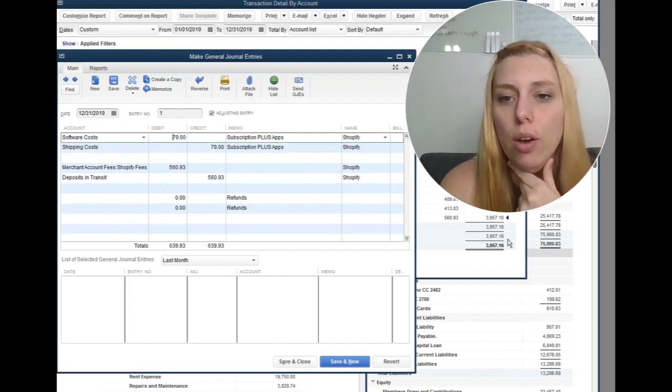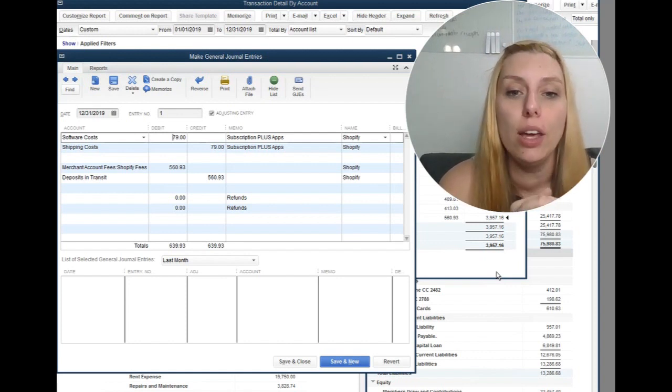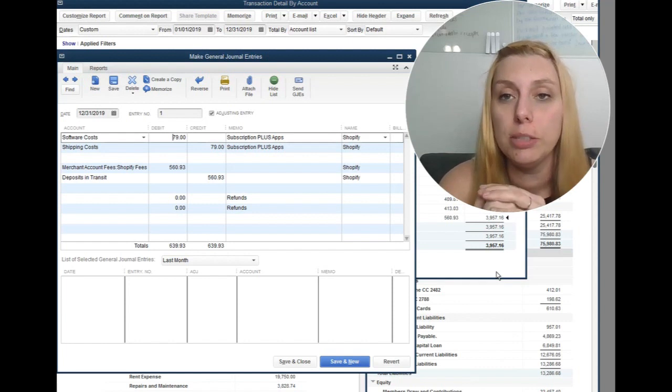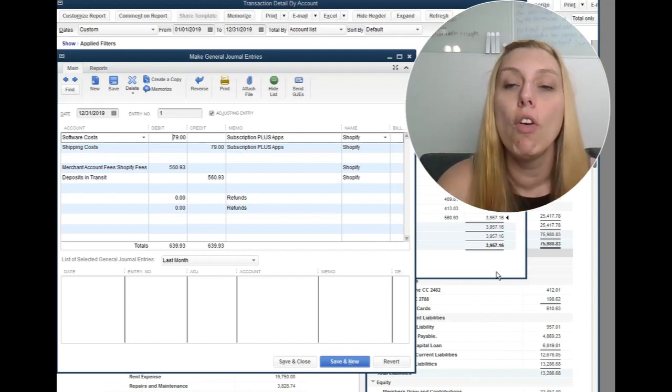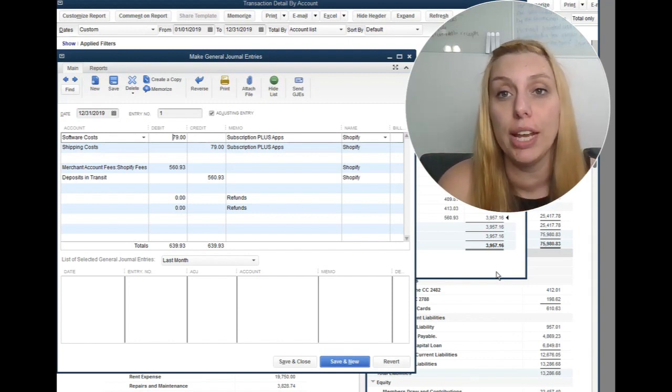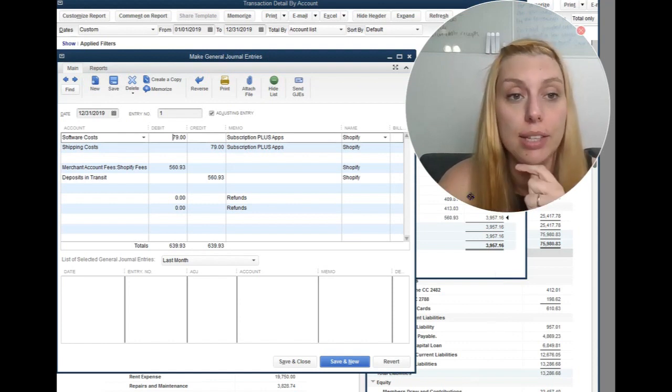Even in this one year alone, this business had $3,900 in fees that they paid just to Shopify. If we didn't make these adjustments, it would just say deposit in transit, and basically it would be overstating your net income because you're not getting credit for the cost of the merchant account fees. So this is us accounting for it.